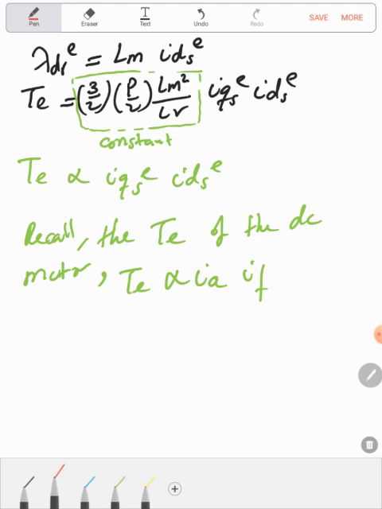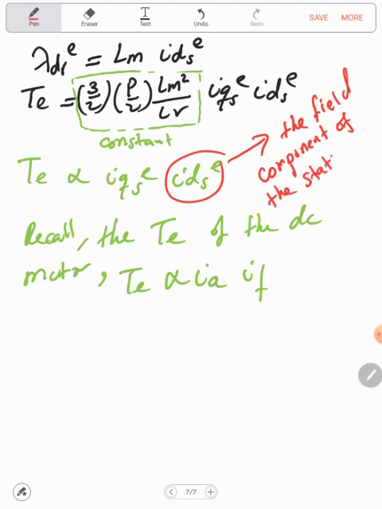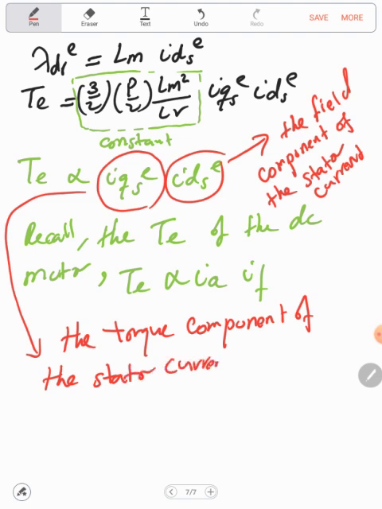So now we can say that IDSE is the field component of the stator current, while the IQSE is the torque component of the stator current.